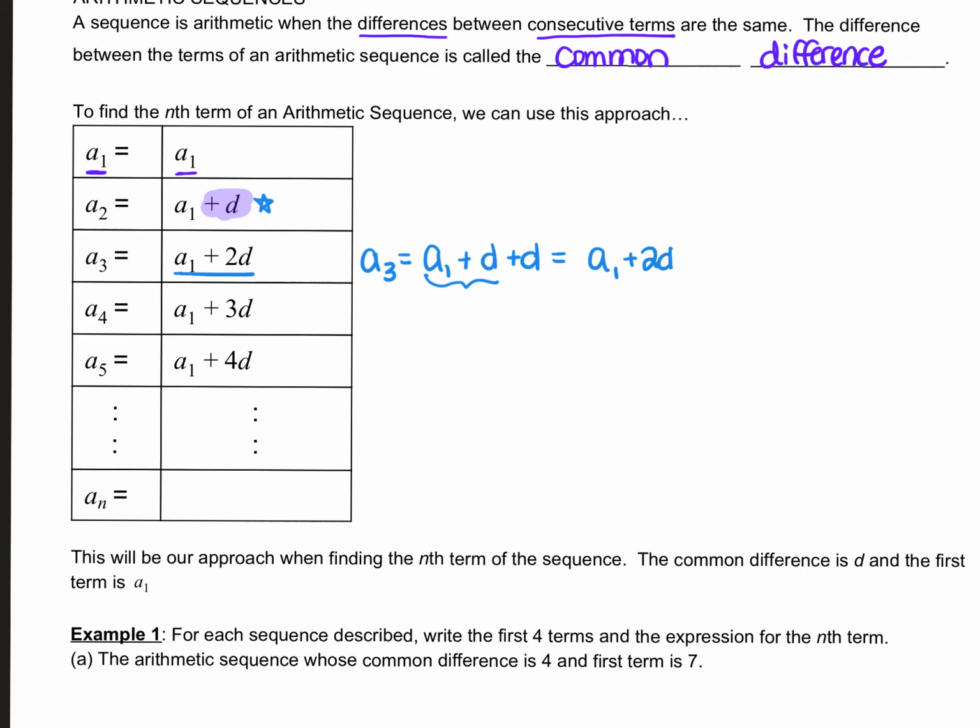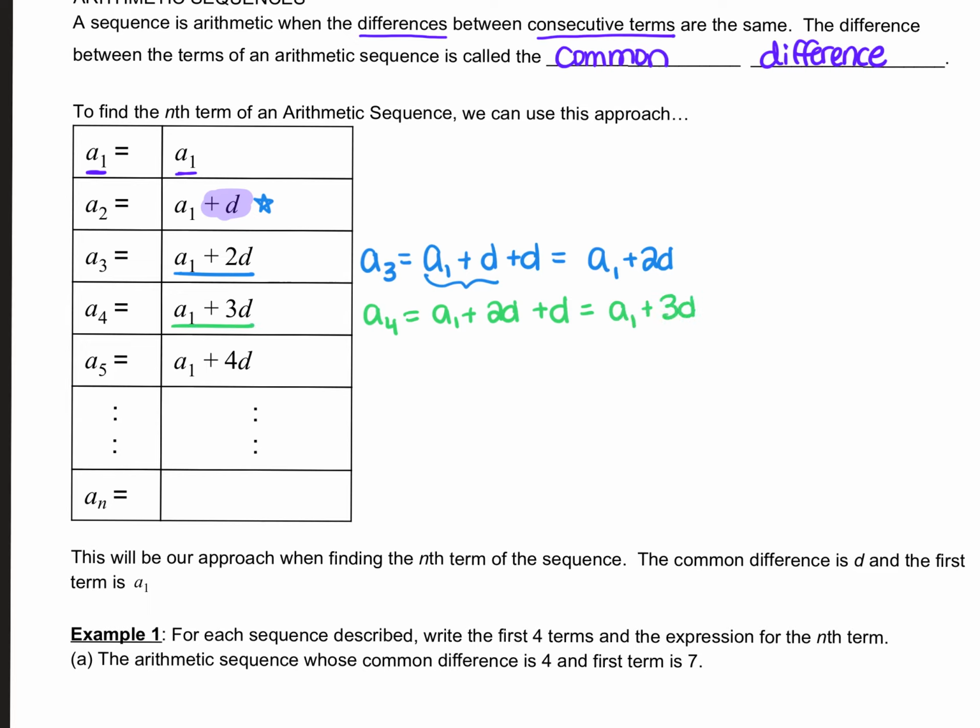To find the fourth term, we continue this process. We take the third term, a sub 1 plus 2d, and add d again. So a sub 4 equals a sub 1 plus 2d plus d, which simplifies to a sub 1 plus 3d.